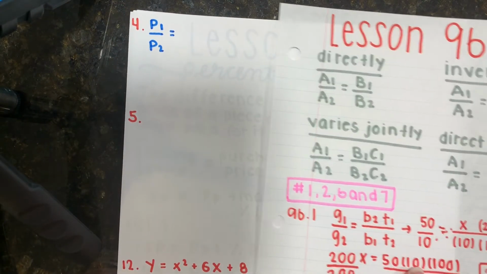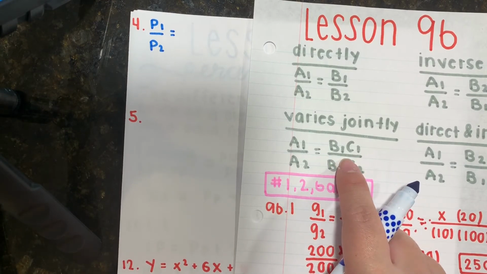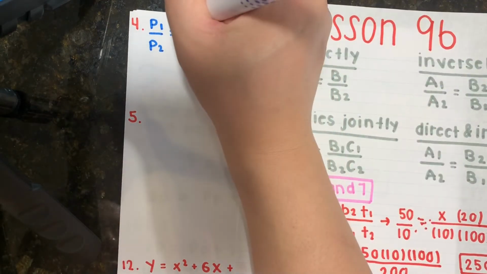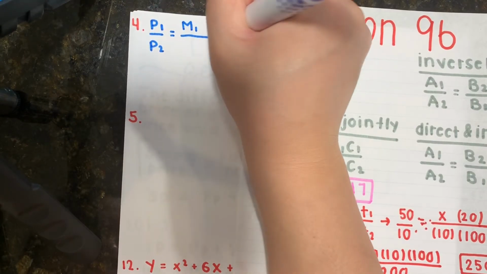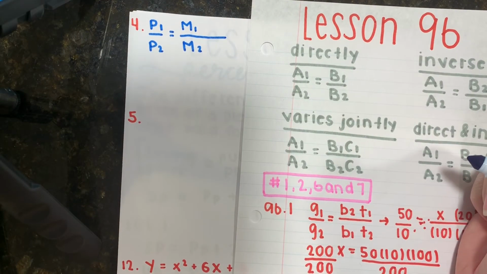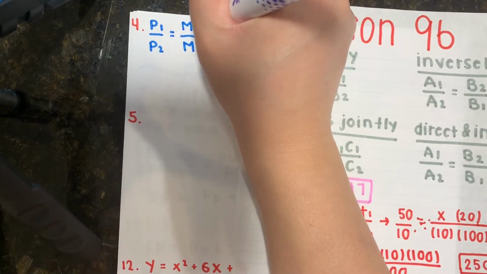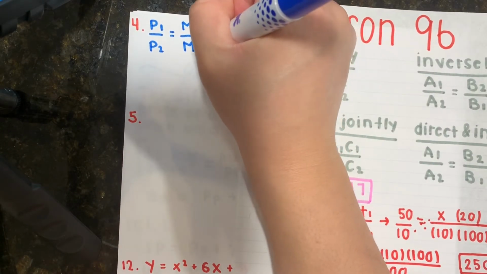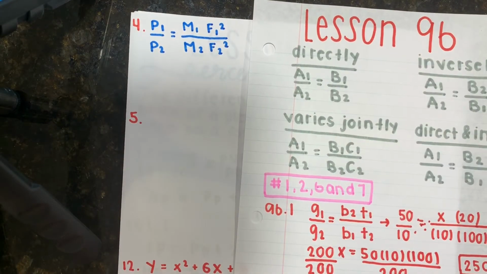And varies jointly is going to be this equation right here, and it's varying jointly based off of the number of mules first. So that would be M1 over M2, and it says and farmers squared. So that would be F1 squared over F2 squared.